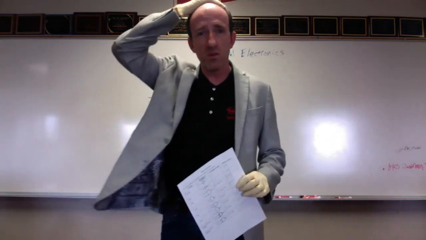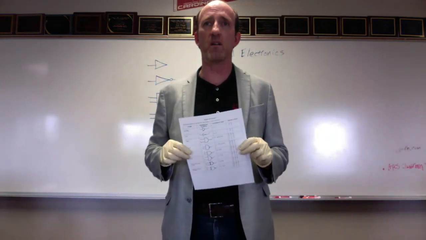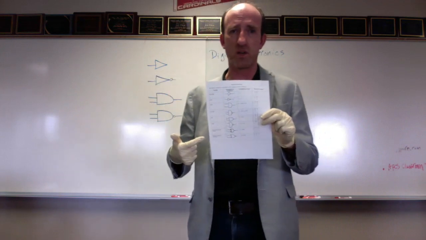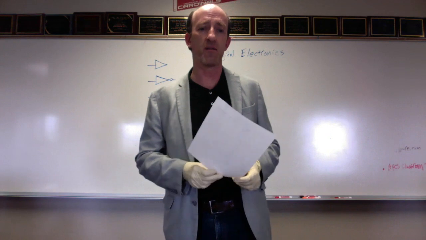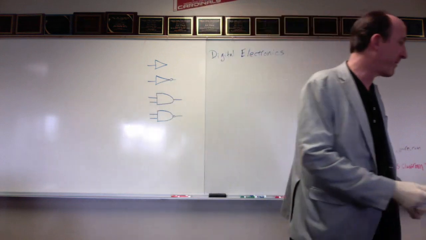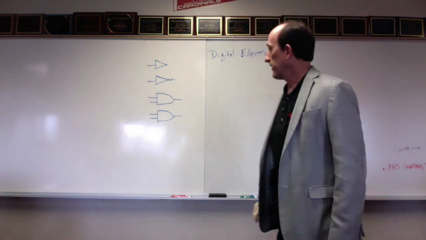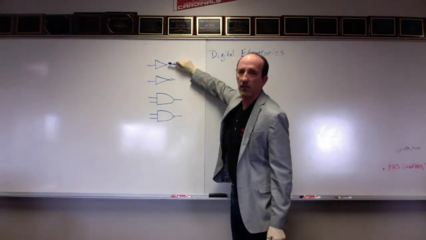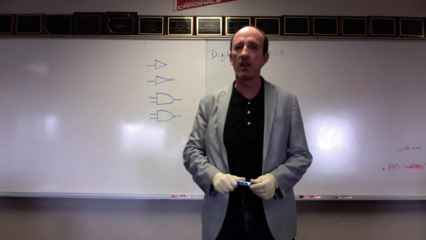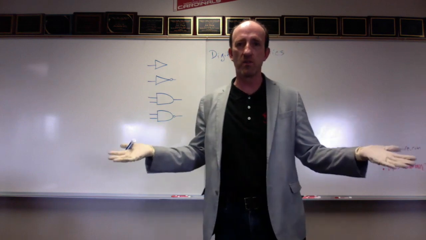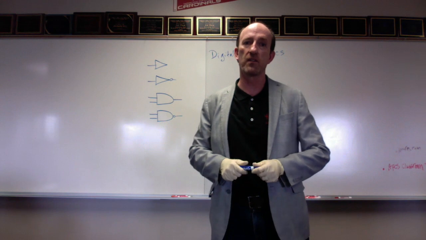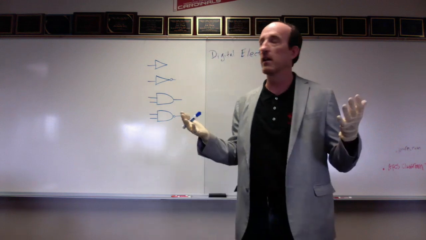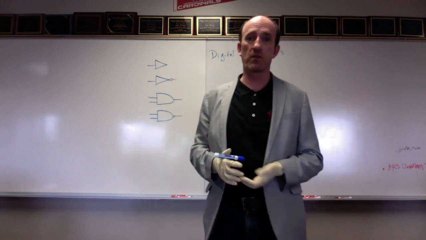But I'm going to show you some goofy ways to remember which circuits are which. Okay, and here we go. This triangular circuit here that does not have a bubble on the end is rarely, if ever, used in ACSL, American Computer Science League, digital electronics.